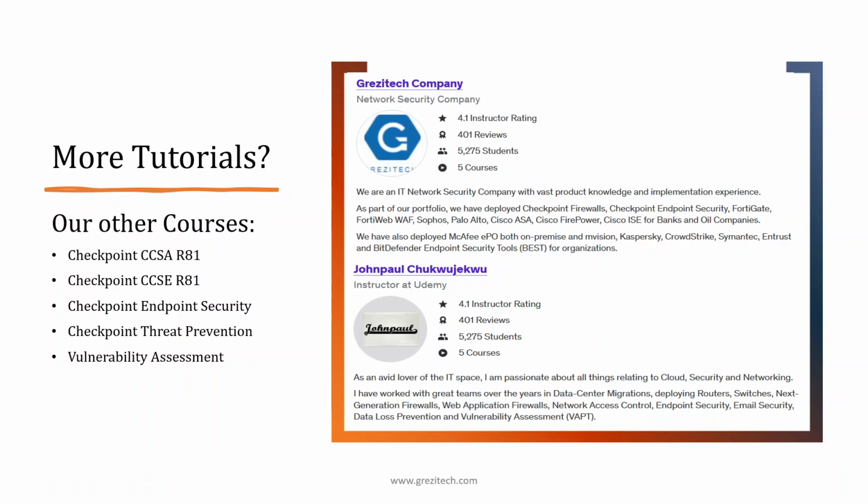from your threat prevention blades like the threat emulation blade and the threat extraction blade, which are combinedly used to remove potential malicious files or contents from your file. So let's say maybe a user is trying to download a particular file from the internet.